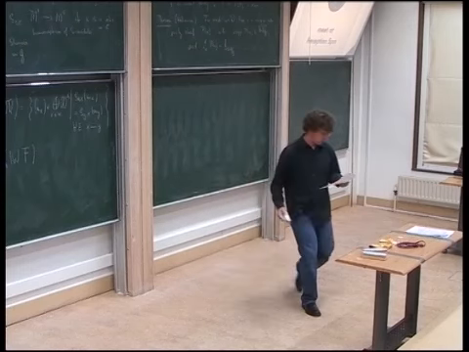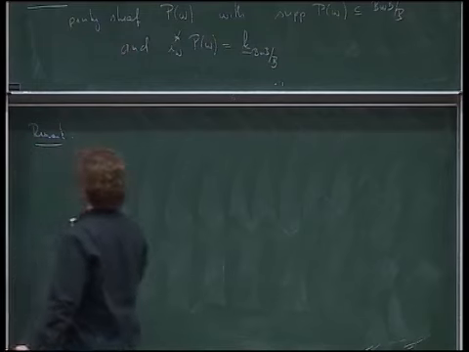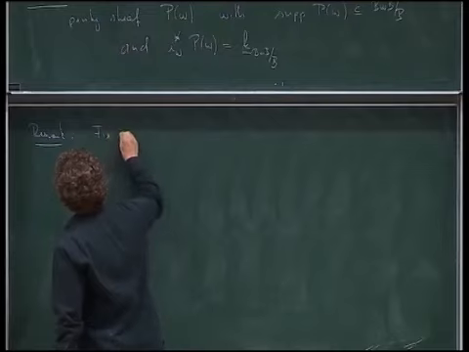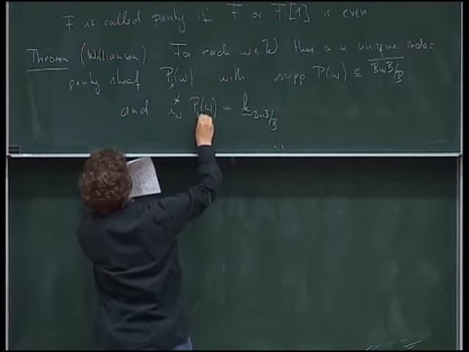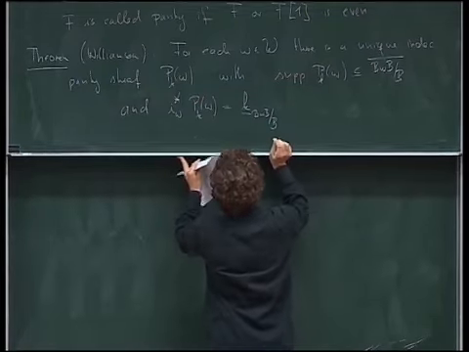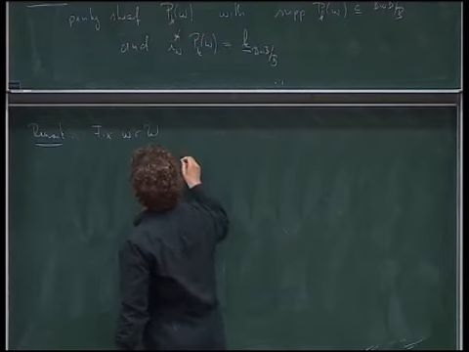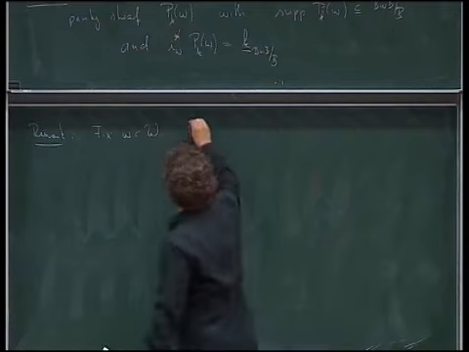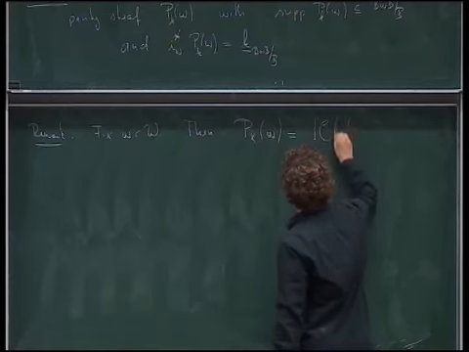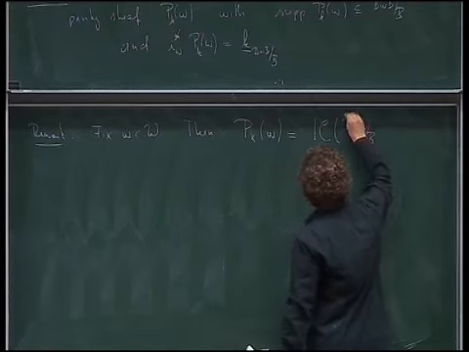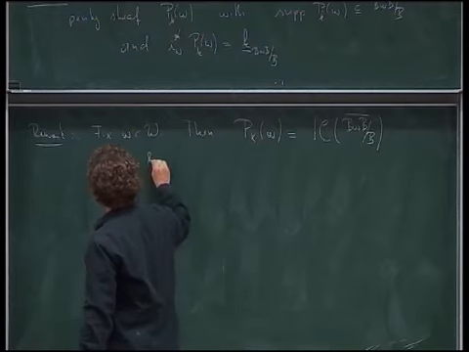But one remark. For fixed W, maybe I should put a little k here to stress the dependence on the ground field k. If we fix W, then this sheaf P^k_W is just the intersection cohomology complex on the closure if the characteristic of k is big enough.